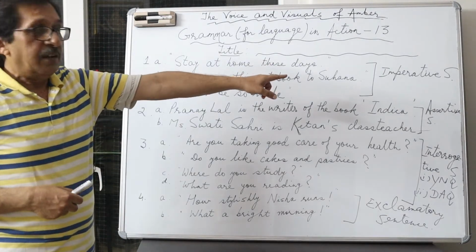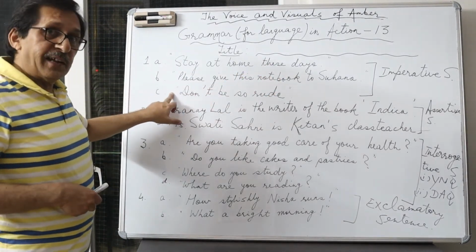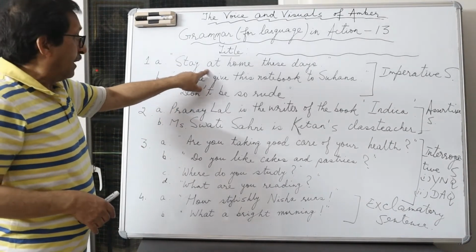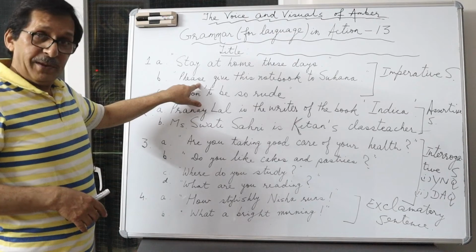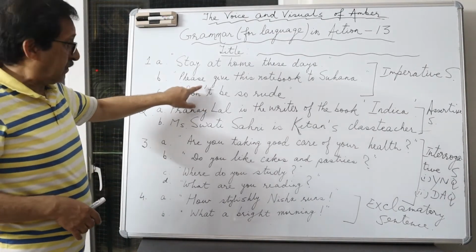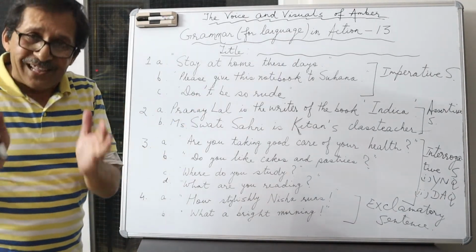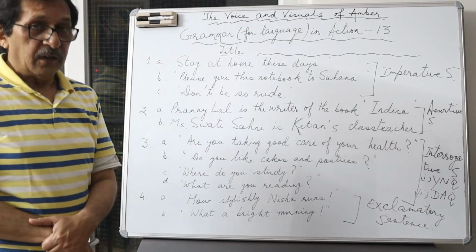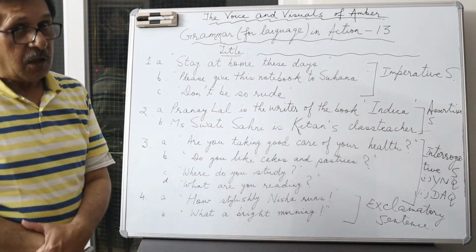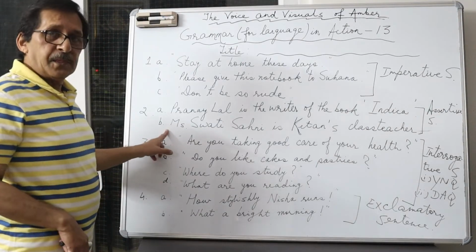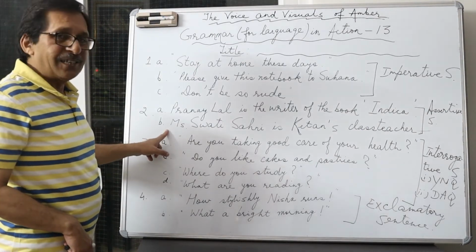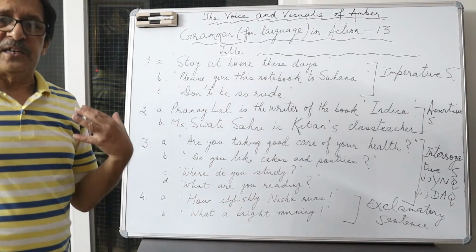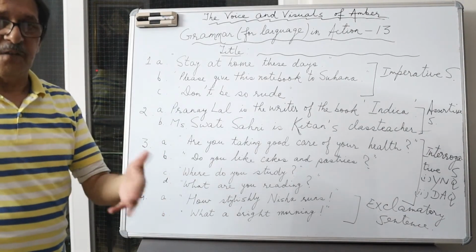So, we have basically four kinds of sentences. The imperative sentence, where we directly talk to somebody, we advise him or her, we make a request to that person, or we tell that person, either softly or a bit sternly, to do something or not to do something. And the most common form, the assertive sentences, are just sentences that are statements of facts.